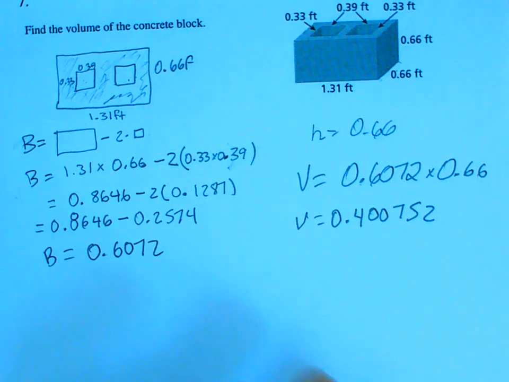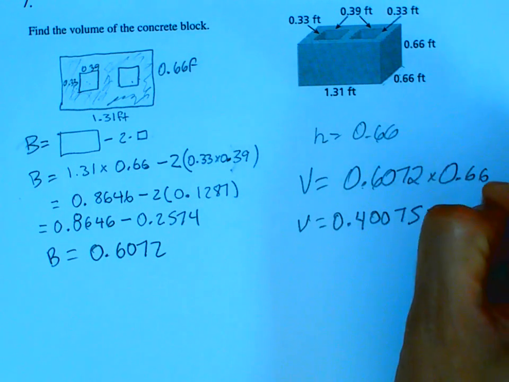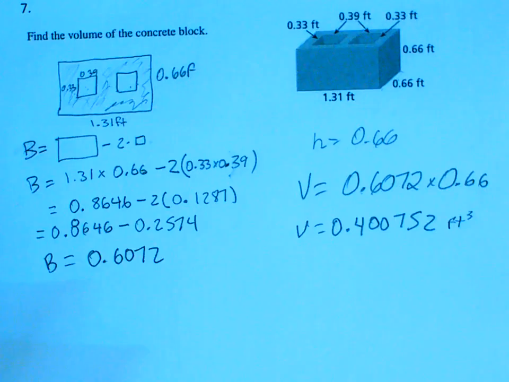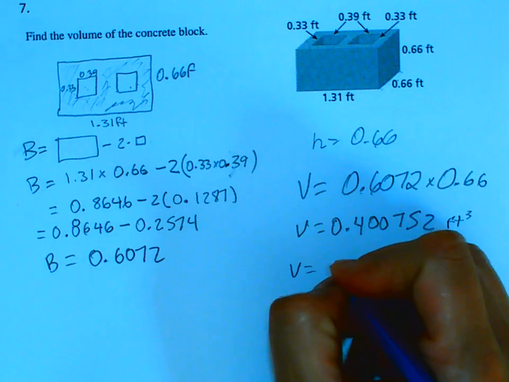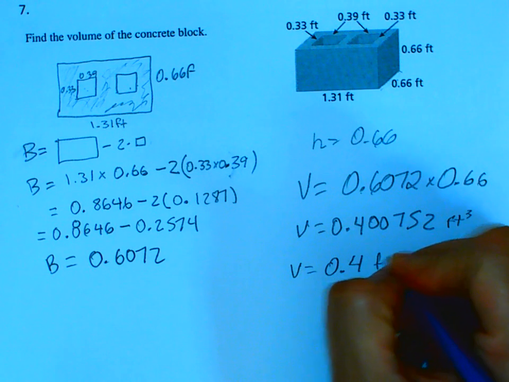However, they want the volume, in cubic feet. As a matter of fact, I actually just looked up the answer, and this is how they want you to round it. About 0.4 cubic feet.